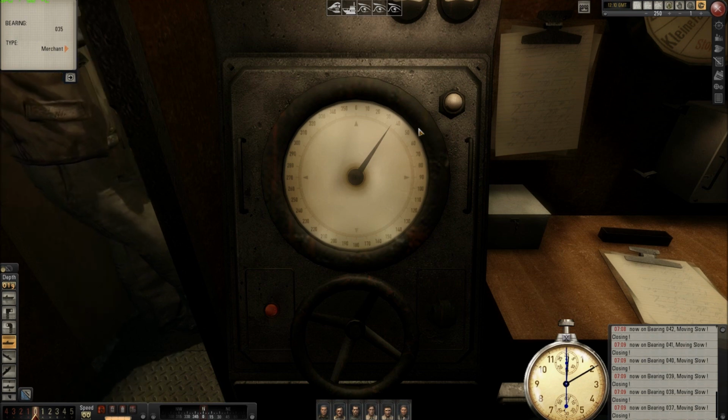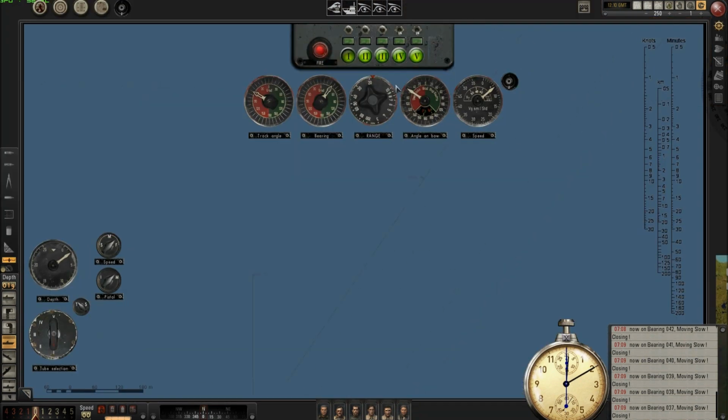It's almost there. I go to the navigation map. It's on 37. 36 now. 036.